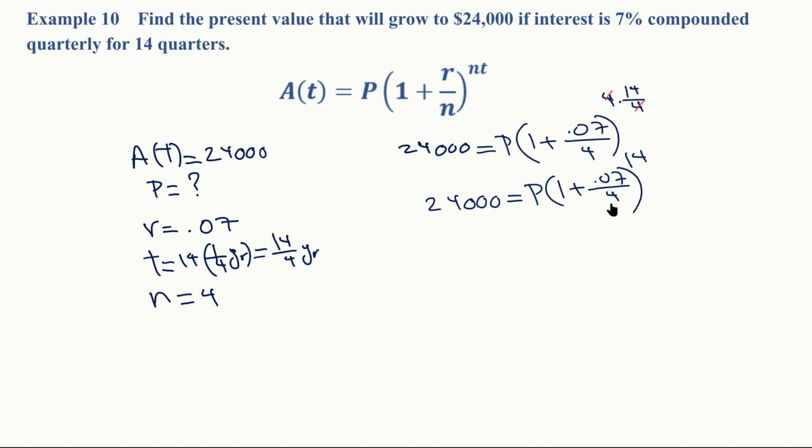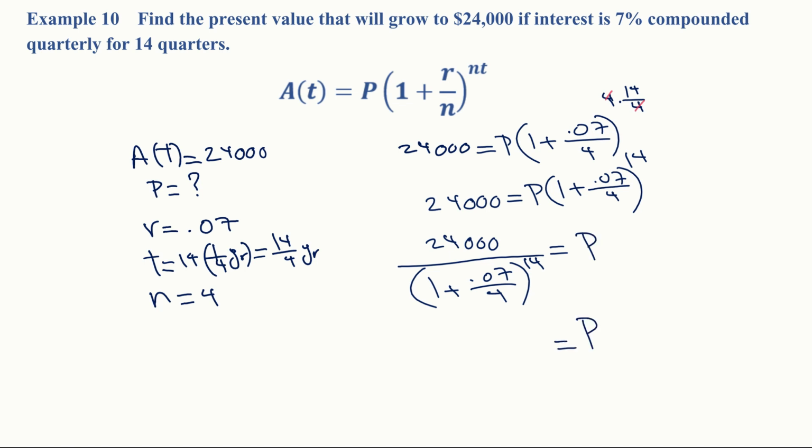Basically divide both sides by this expression and you'll have it. So we get 24,000 over 1 plus 0.07 over 4 to the power of 14 is going to be P. So now we just have to compute that.